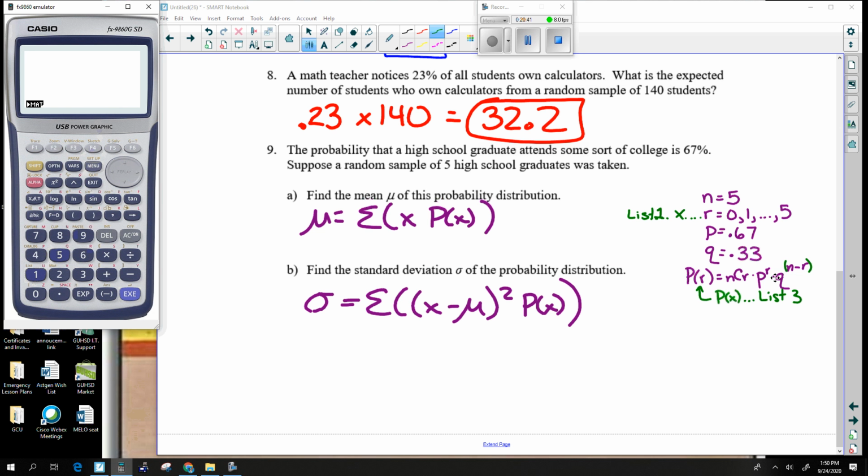I find my probabilities, which I'm going to store into list 3. So the probabilities are N, C, R, P to the R, Q to the N minus R. Okay, individual probabilities. I am going to take those probabilities and store them into list 3.